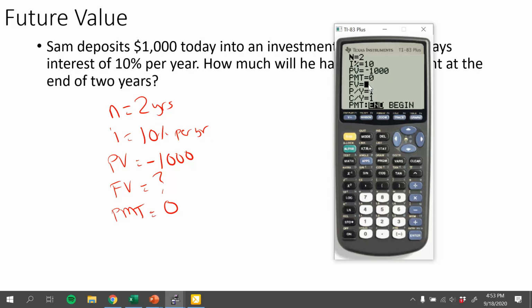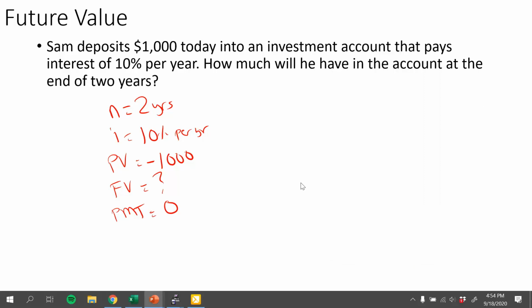In this calculator, you hover over what you want to solve for, and then press alpha, this green button here. So I press alpha, and then I'll press enter. And that's going to solve for the value that I'm hovered over. So I get 1210 as my future value. I'll go ahead and write that down over here. Our future value is equal to 1210.